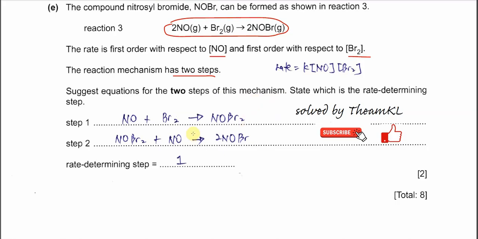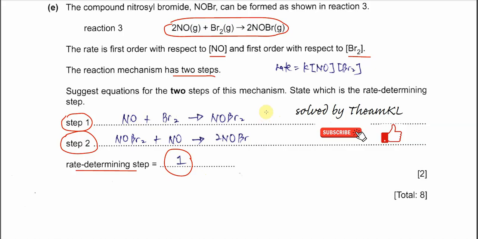If we want to get these two steps or equations, first we need to know which step we make the rate determining step. Let's say step 1 is the rate determining step. So we must make sure the moles of NO and bromine are 1 mole each.